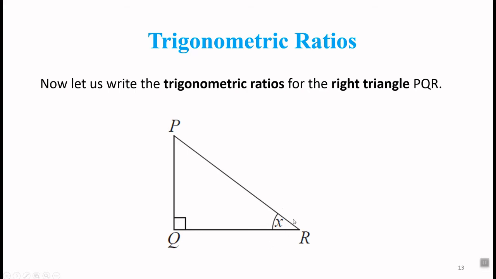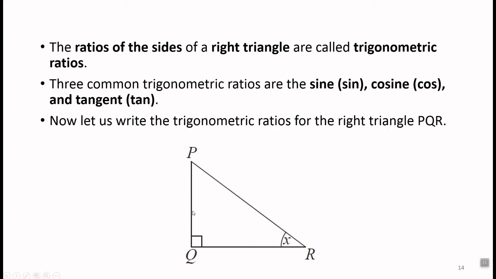Now we are going to consider angle X. The ratios of the sides of a right angle triangle, which we call a right triangle, are called trigonometric ratios. Three common trigonometric ratios are sine, cosine and tangent: sin, cos and tan.